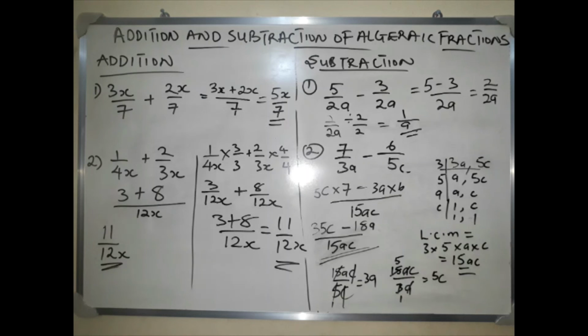Once you get the LCM, you're going to divide the LCM by each of the denominators of the fractions while multiplying the answer you get by their numerators before you now go about subtracting them. Then at the end of the day, if you have your answer, make sure you cross-check the answer to see if it needs to be reduced to its lowest term. If it can be reduced to the lowest term, go ahead and also do that.